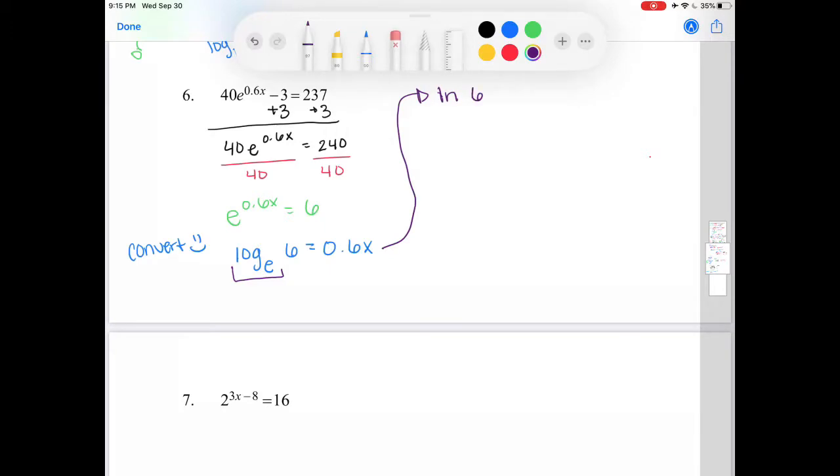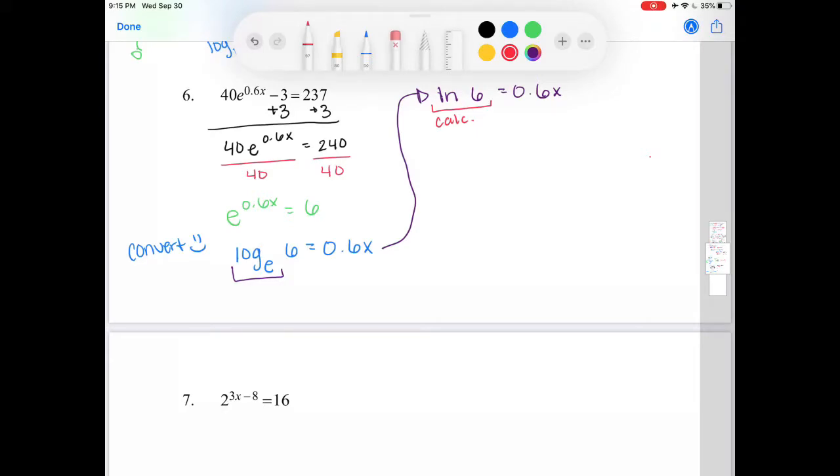You'll notice, or you'll remember, that log base e is the exact same thing as natural log, so I can change that out. And the great thing about changing that out is now I can put this in my calculator.